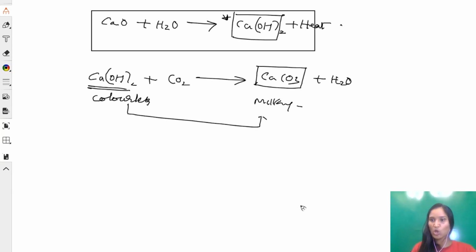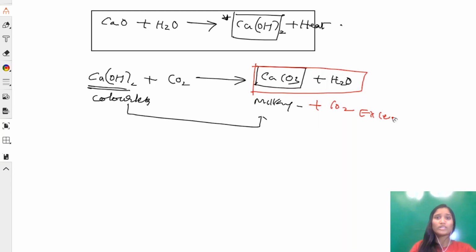Are we clear so far? Is there anyone who is lost, who is stuck in between? No, right? That's good. Now going ahead, you are passing carbon dioxide and calcium carbonate is formed. That's fine. But then if you pass excess of carbon dioxide, that means you have the solution and you are still passing carbon dioxide, too much.